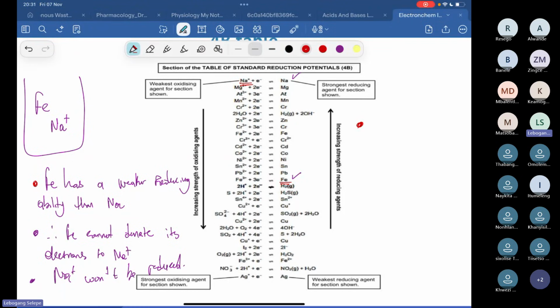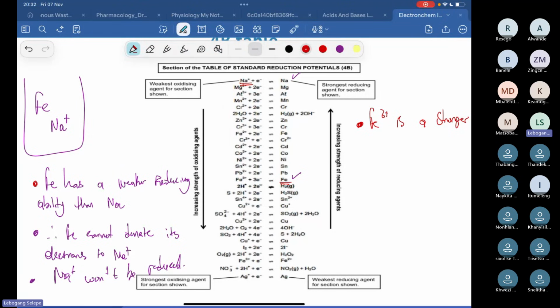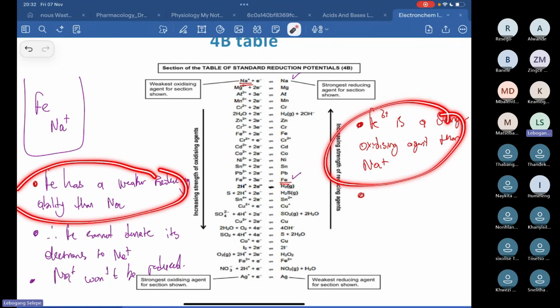I'm going to say that Fe3 plus is a stronger oxidizing agent than Na plus, because as you can see on this side, the arrow is facing down, so the strongest oxidizing agent is down the table, right?